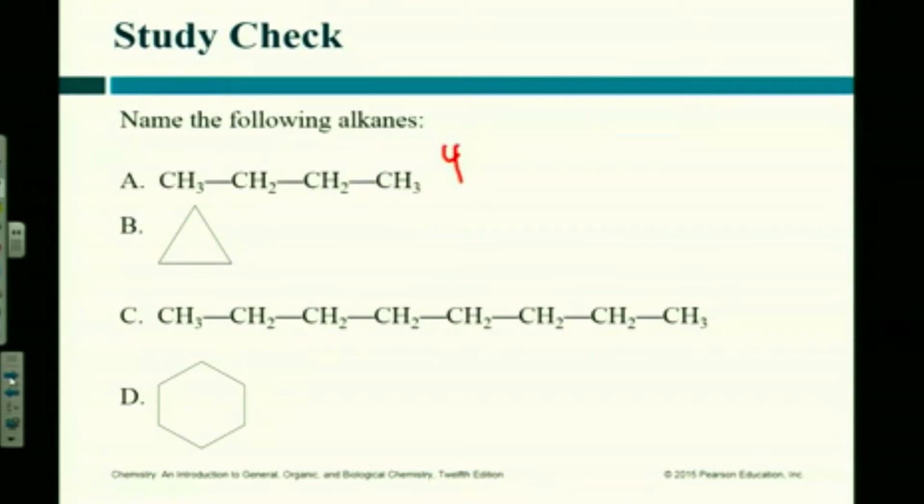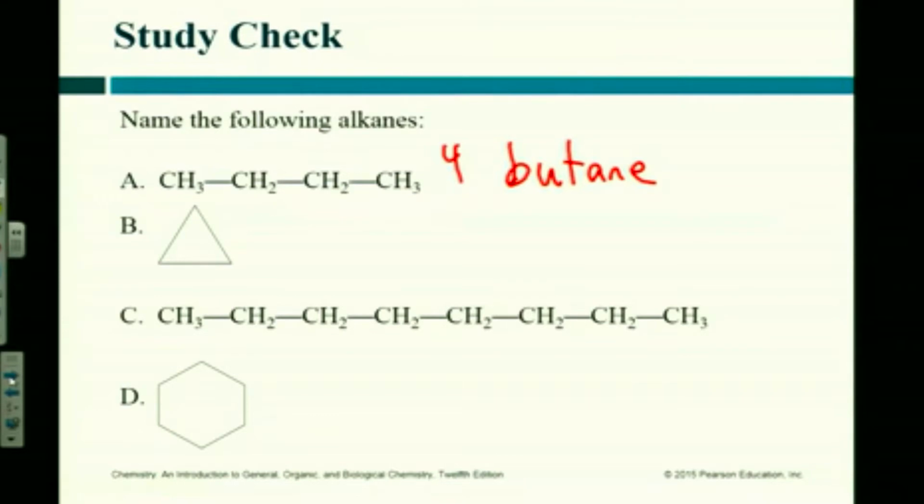So 4 carbons is butane. Where do you find butane? Lighter fluid? Who's my smokers in the classroom? Who smokes? You know butane is a liquid in the lighter, right? Smokers know that.